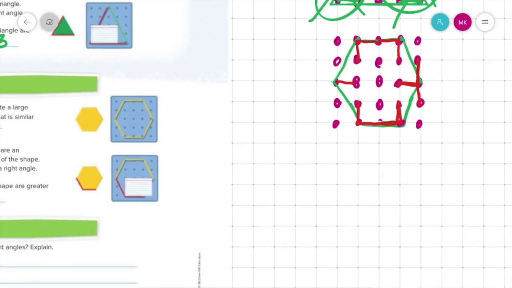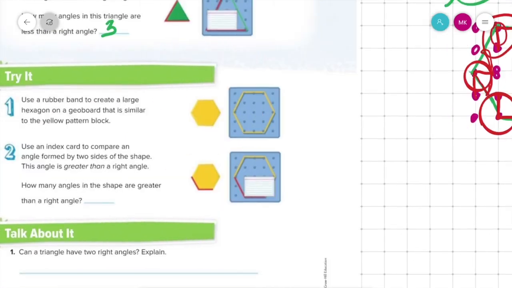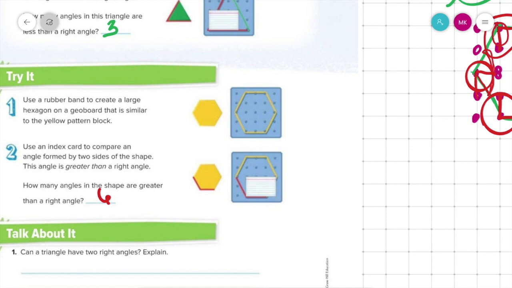Well, let's look. We start here. This one is greater than a right angle, right? Because here's our angle, and it's more than our right angle. Same with this one. Same with this one. So we have 1, 2, 3, 4, 5, and 6 that are greater than a right angle.